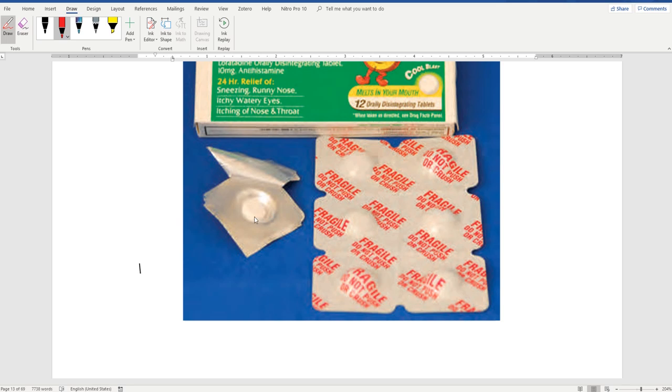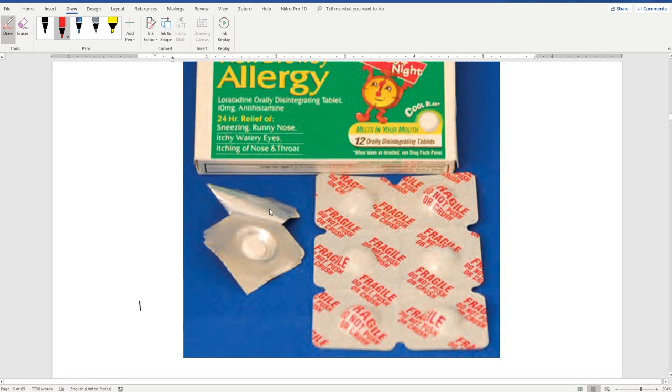Can you do this with an instantly disintegrating or dissolving tablet? No, you cannot. Why you cannot? The reason, if you apply pressure on the tablet, what will happen to the tablet? It will break, right? Why it will break? Because we intentionally make it soft. And why we intentionally make it soft? Because we want it to dissolve rapidly in the mouth.